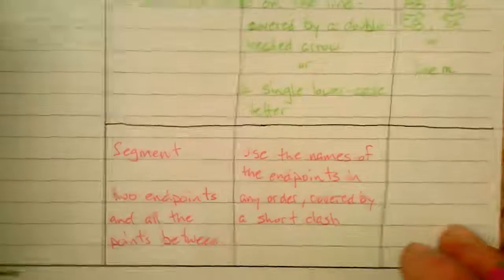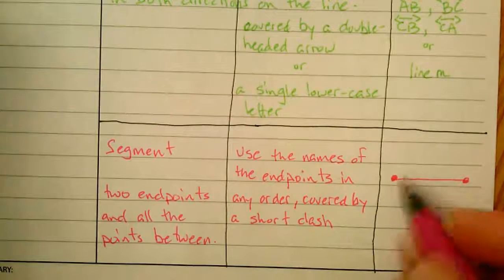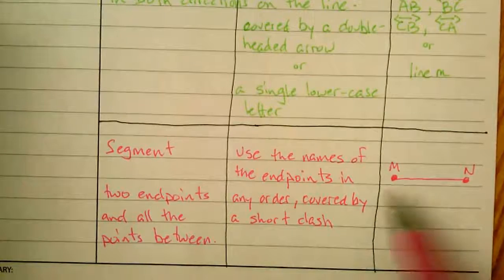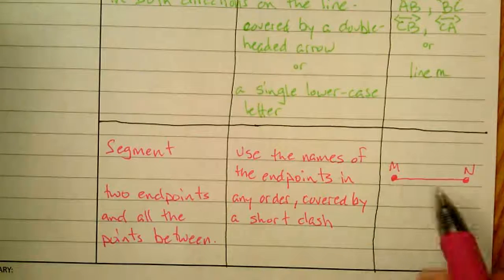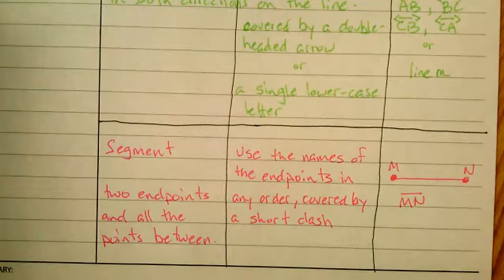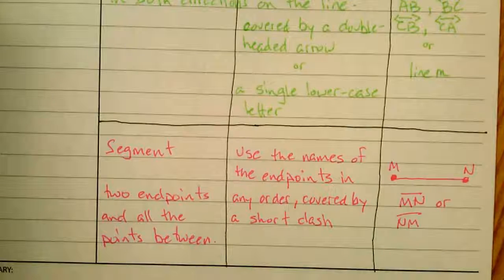Right, so for example, MN has endpoints M and N and all the points in between, and we would call it MN, like that, or NM, like that, backwards.